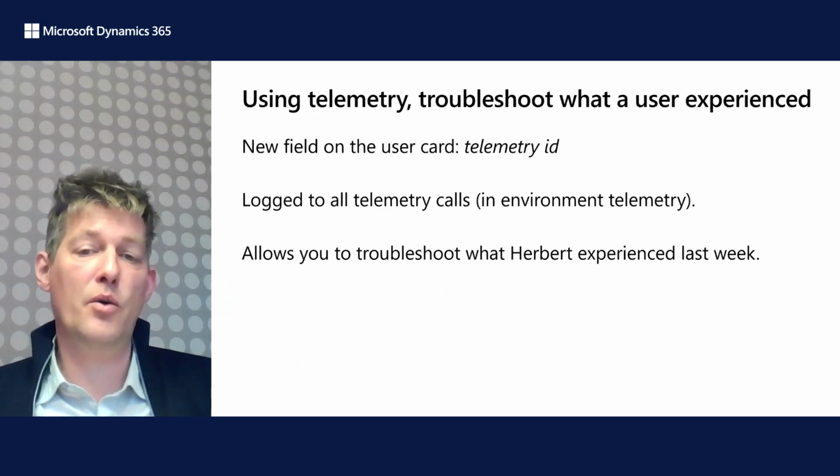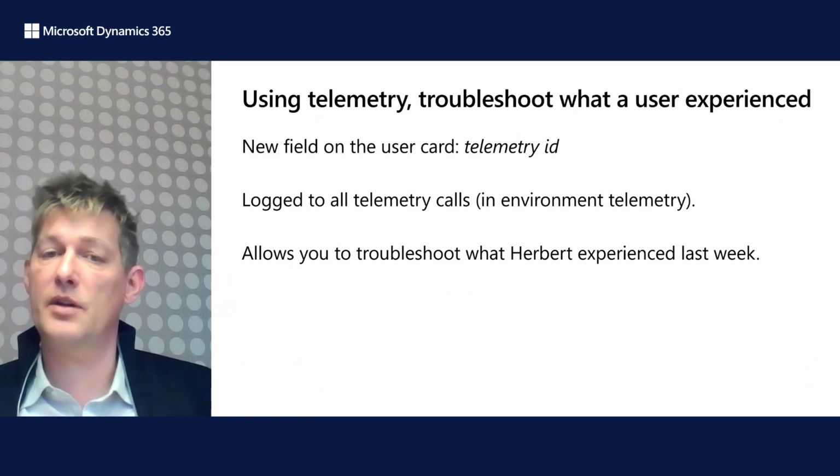Say that you know Herbert experienced some weird things last week. You can go to the user card, find Herbert's telemetry ID, and give that to the troubleshooter. Now the troubleshooter can directly from telemetry see what happened for this particular user, but has no idea whether it's Herbert or Karen or whoever user it is.